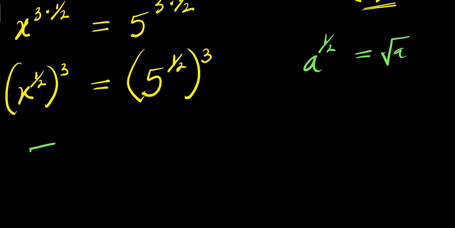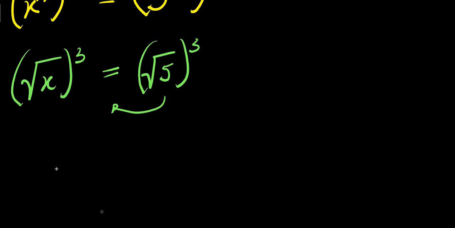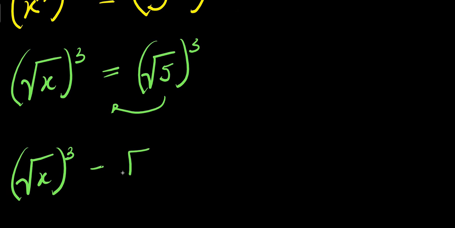So this will give us square root of x raised to the power of 3, and this equals square root of 5 raised to the power of 3. So from here, we move this over here. It becomes negative, so we have square root of x to the power of 3 minus square root of 5 to the power of 3 equals 0.